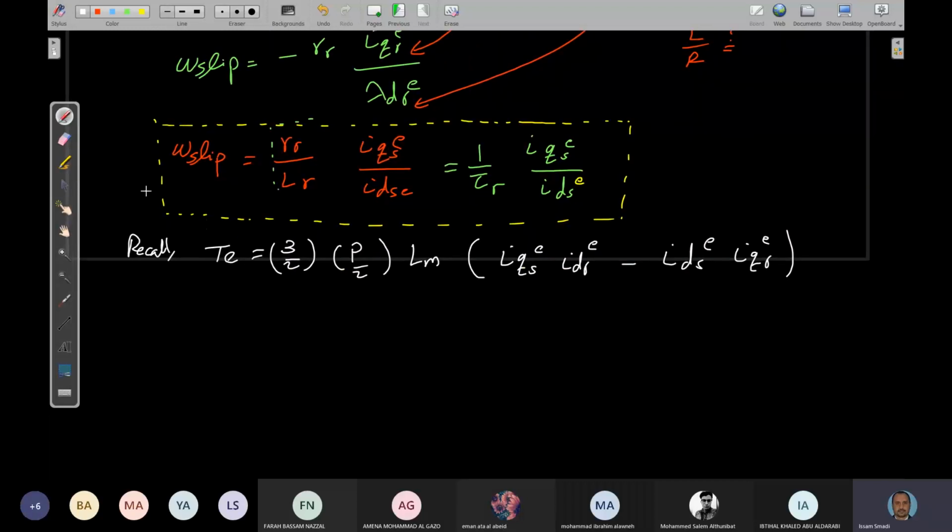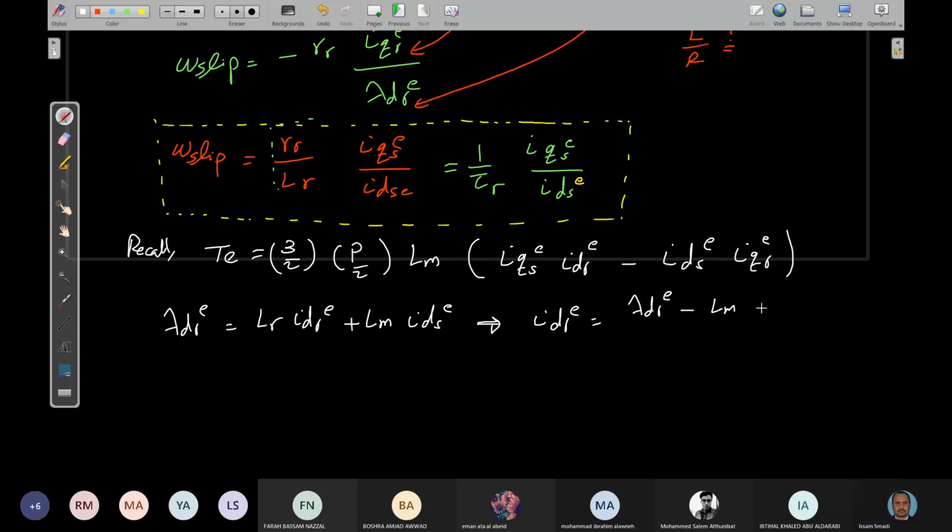Now simply we know that lambda DRE is equal to LR IDRE plus LM IDSE. So from here we can find IDRE: it will be lambda DRE minus LM IDSE over LR.